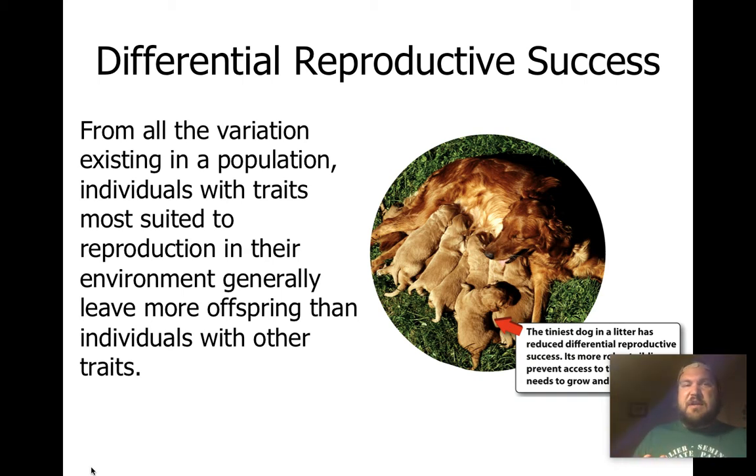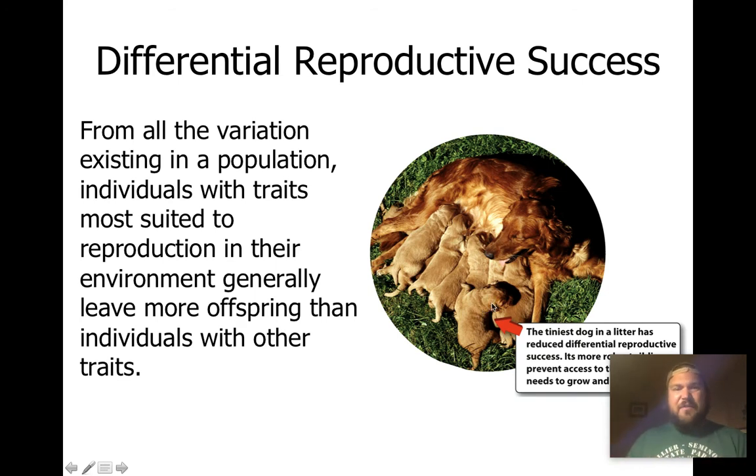From all the variation, and you could examine one trait, but it probably makes more sense to look at it collectively as a suite of traits. From all the variation existing within a population, individuals with traits most suited to survival and ultimately reproduction in their environment generally leave more offspring than individuals with other traits. So this is a sad example, but if this was a group of wild dogs, and here's a bunch of puppies, if this was a runt who was unable to get milk, then he might not grow up as quickly, or he might even starve in puppyhood like this.